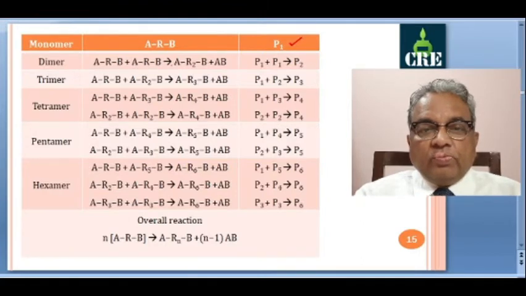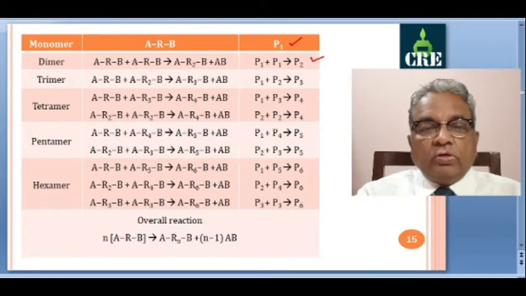Then dimer: ARB plus ARB giving you AR2B plus AB, so this is the water molecule. So ARB is P1, ARB is P1, P1 plus P1, and AR2B is P2. So P1 plus P1 giving you P2.